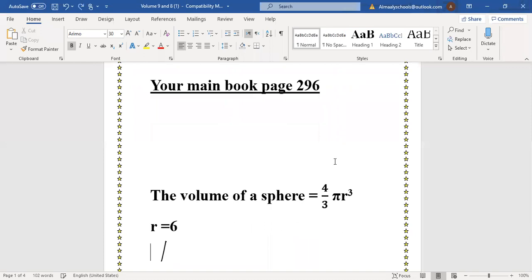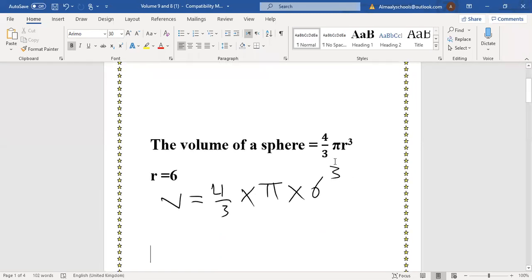I will take the volume of the sphere, which equals 4 over 3 pi r cube. So it will be 4 over 3 pi multiplied by 6 cube. Excellent, mashallah, very good. And you can find the result, no problem.